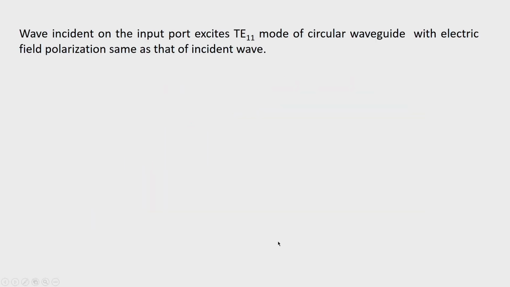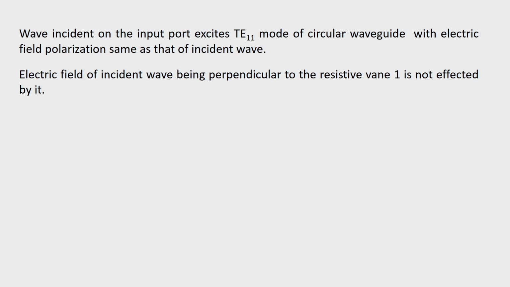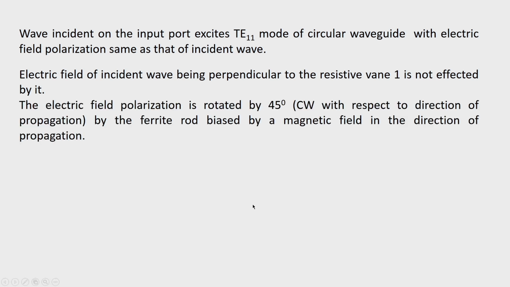So, let us summarize. The wave incident on the input port excites TE11 mode of circular waveguide with electric field polarization same as that of the incident wave. Electric field of incident wave being perpendicular to the resistive vane 1 is not affected by it.